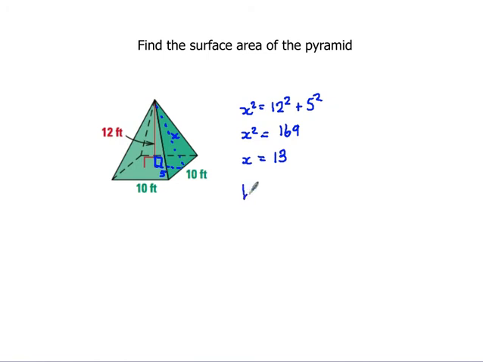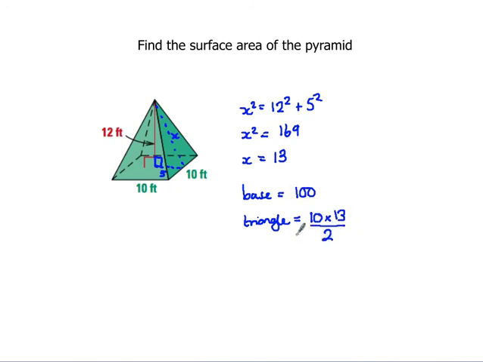The base of the pyramid is 10 by 10, so that's 100. Each of the triangles, of which I've got 4, is going to be half base times height. So the base is 10, height we've just worked out is 13, so it's going to be 10 times 13 divided by 2 for each triangle, but I've got 4 of those in effect.